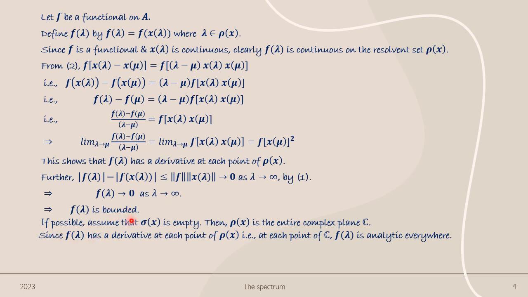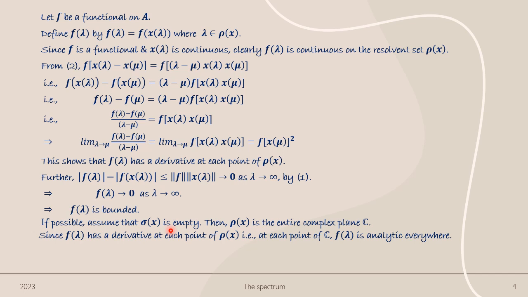Now, to prove the theorem, the theorem statement is to show that sigma of x is non-empty. If possible, assume the contrary, that is, assume that sigma of x is empty. What will happen if sigma of x is empty? I have already mentioned that sigma of x is the spectrum of x in A, which is a subset of the complex plane.